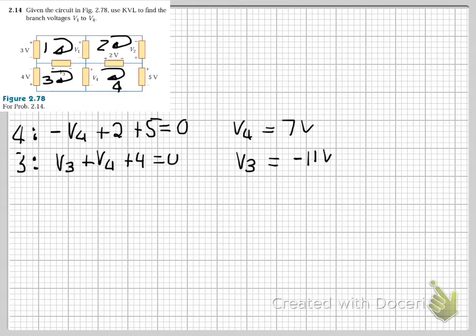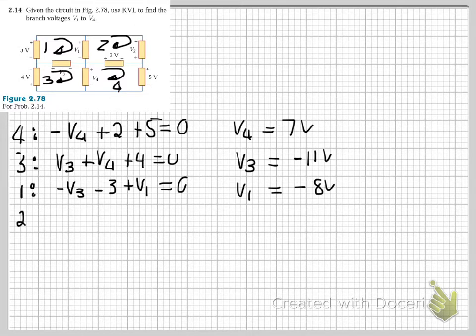Right? And then when we go to loop 1, we have negative V3 minus 3 plus V1 is equal to 0. This gives a value of V1 is equal to minus 8.